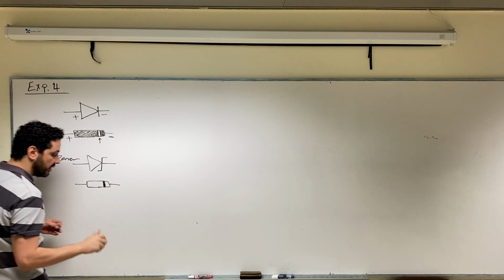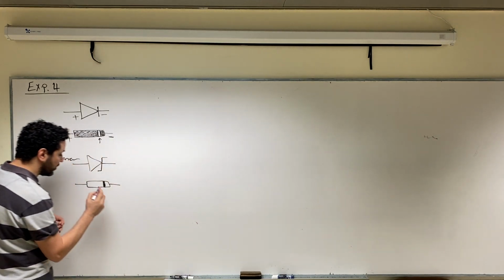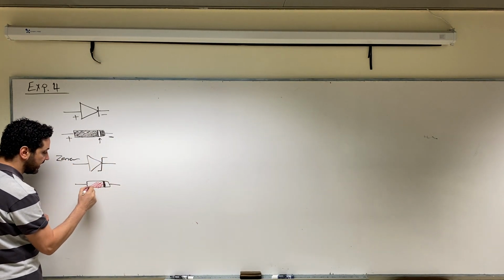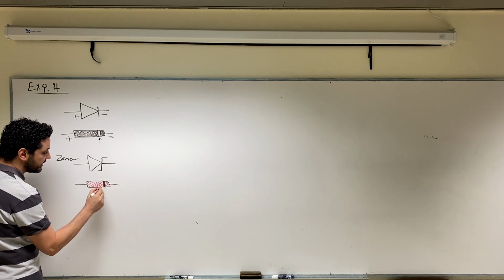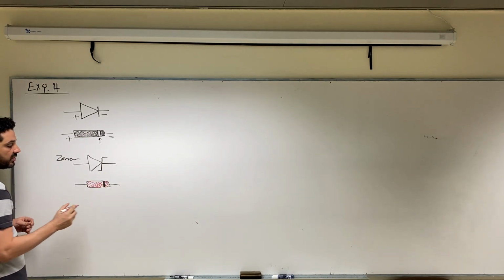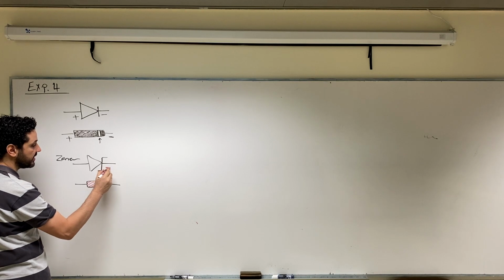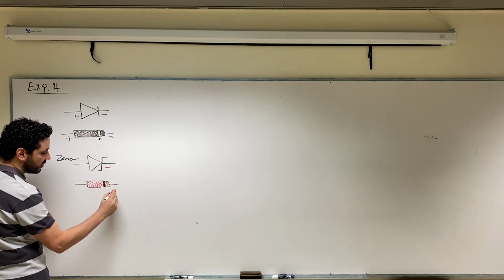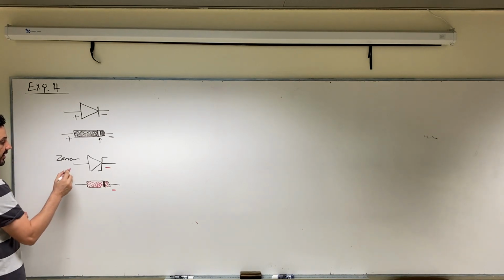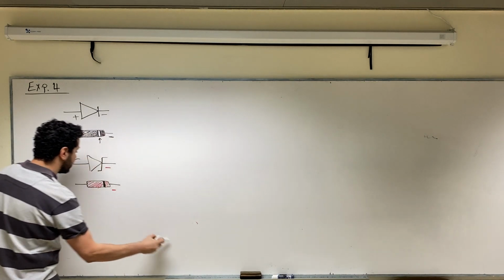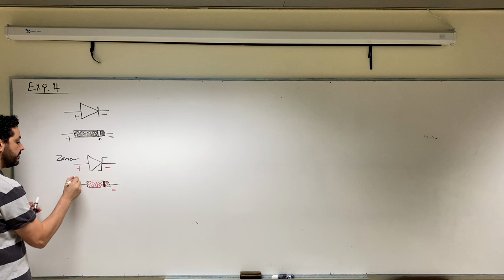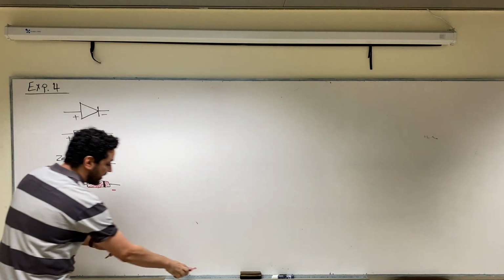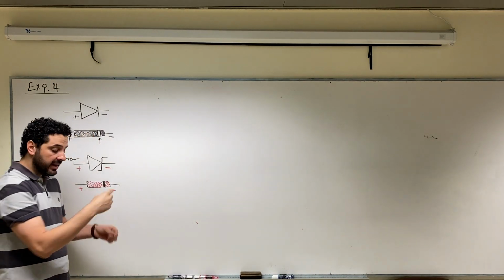I'm going to color the golden here like red. So if this is the negative terminal, the black line will be towards the negative terminal, while the other terminal is the positive one. So this is how the diodes look like in the lab.